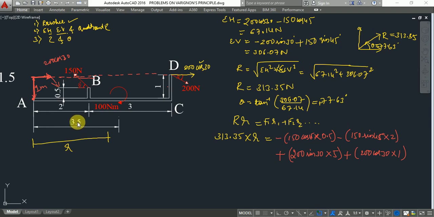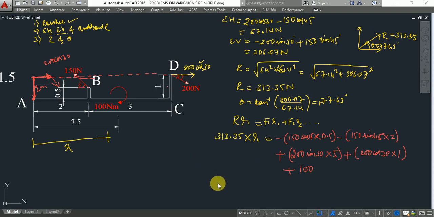Only when force is acting, we need to multiply by perpendicular distance to know the moment. But here a clockwise moment is acting directly, so I am directly adding 100 Newton meter. If it was an anti-clockwise moment, I would have taken it as minus 100 Newton meter. Since it is a clockwise moment, I am taking it as plus 100.